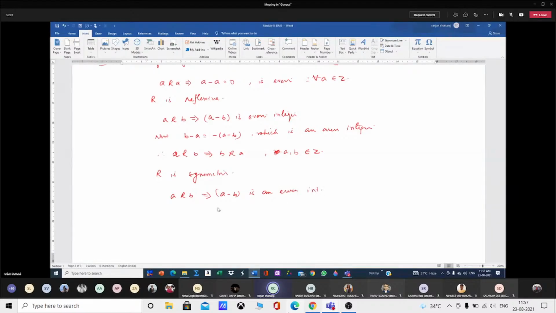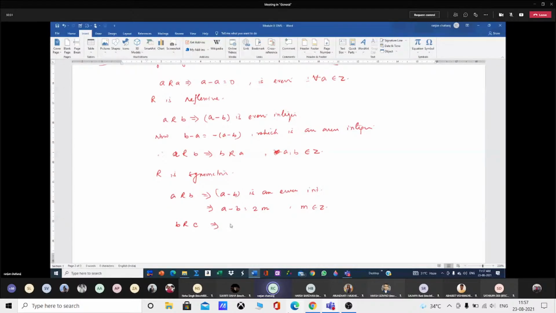So this implies A minus B is equal to twice M, M being an integer. And B is R related to C implies B minus C is equal to twice N, and N belongs to Z.